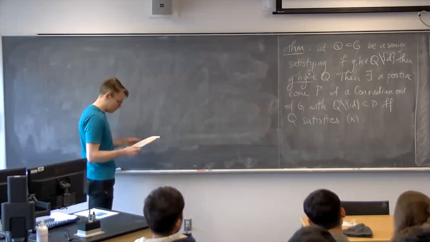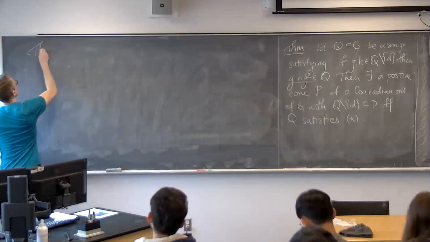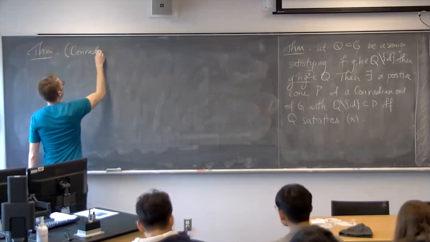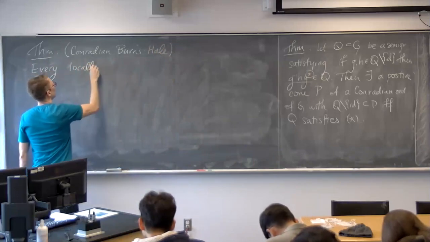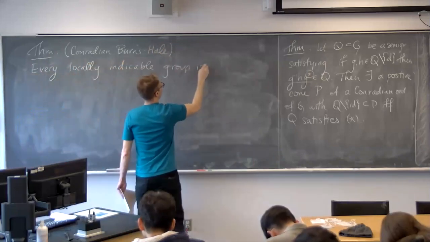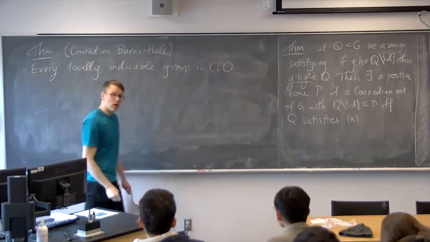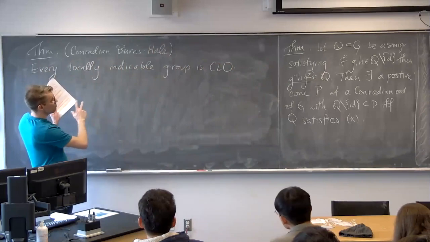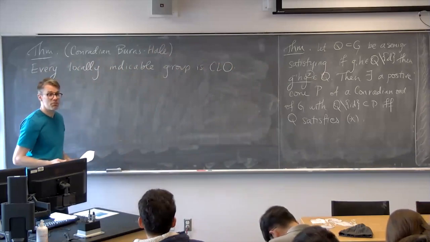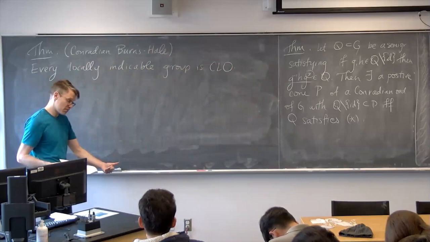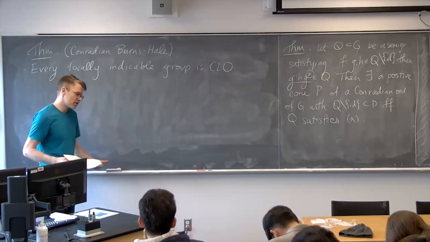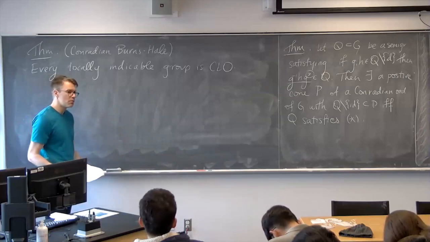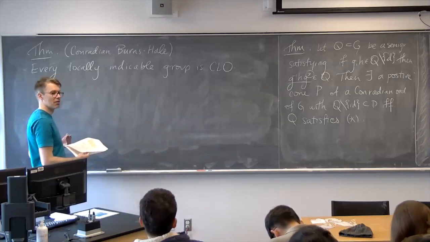Okay. So let me state the last theorem, and I like to think of this as the Conradian Burns-Hale: every locally indicable group is Conradian left orderable. That might just come out of nowhere, but let me say why. If we really just ran the Burns-Hale proof, we would come up with a theorem that says something like, if every finitely generated subgroup surjects onto a Conradian left orderable group, then the group is Conradian left orderable.